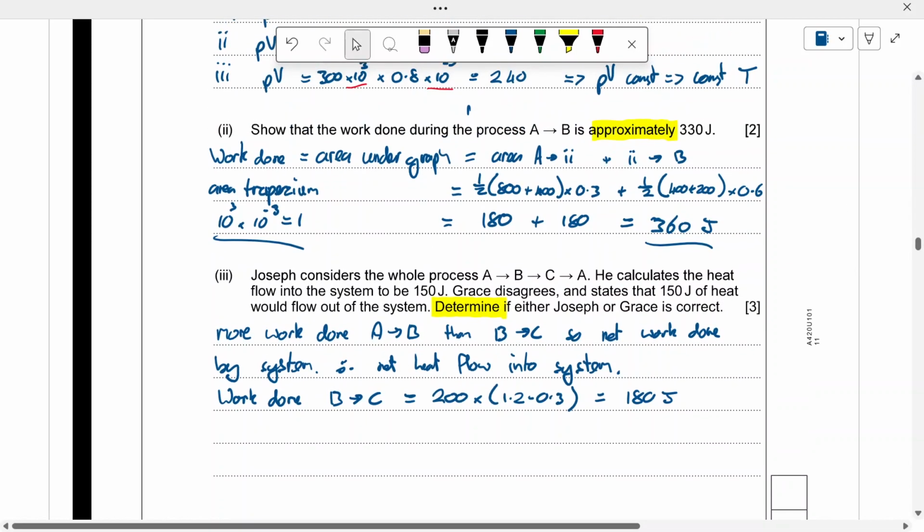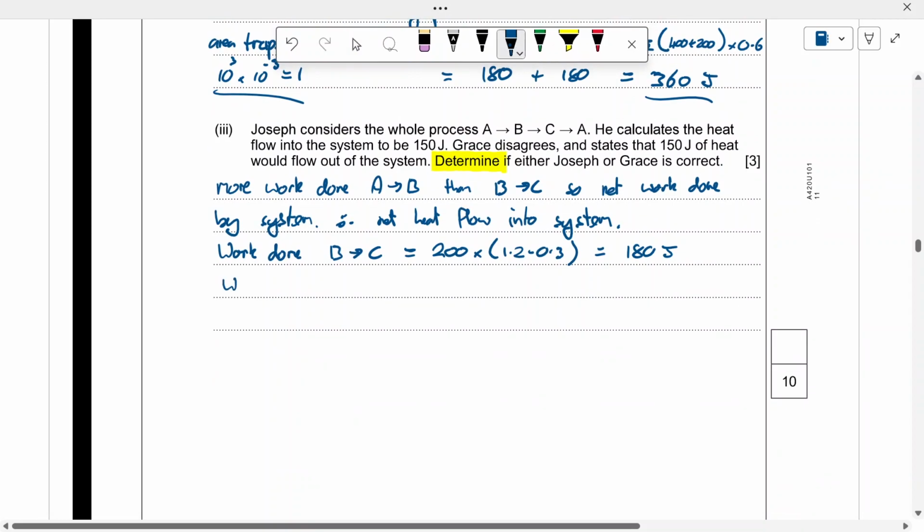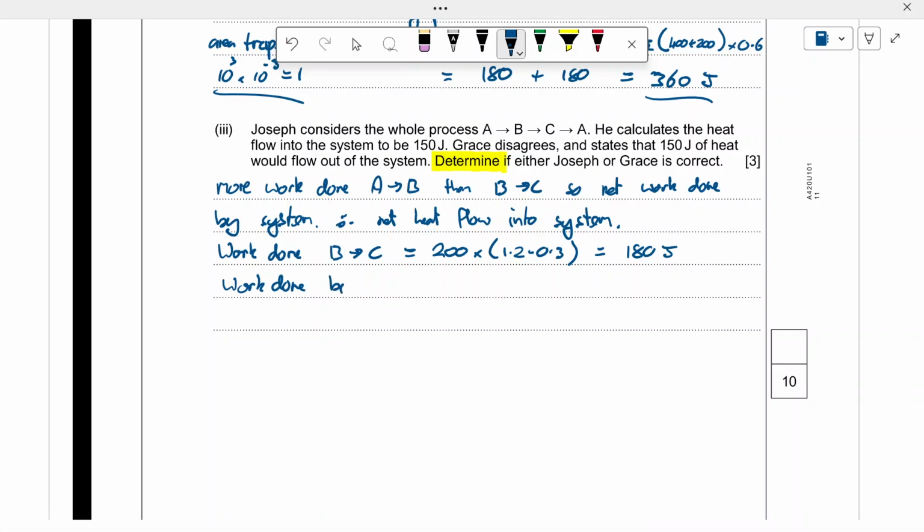Previously, the work done during A to B was 330. So the work done by gas equals 330.